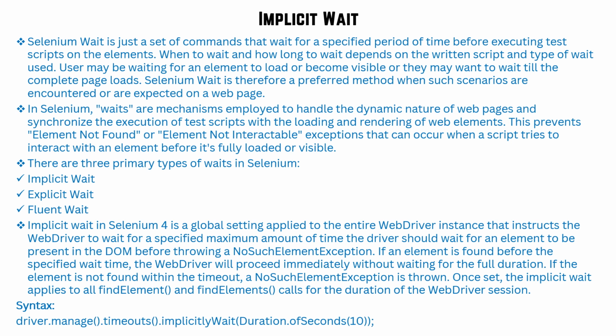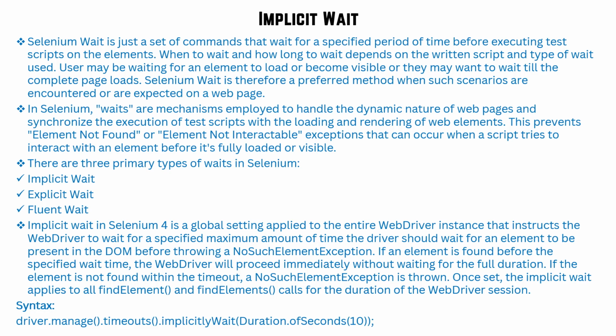Implicit wait is something that will work across your WebDriver object. Explicit wait, instead of waiting for the whole page, waits for a particular condition. Suppose you are giving an implicit wait of 30 seconds.